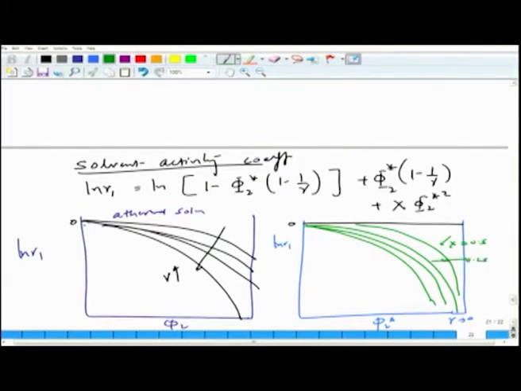This is somewhere 0, and then chi can be negative also. So you see it is not changing much as far as the overall nature is concerned, but it is relevant to understand that it has a significant effect on the activity values. Particularly, it also depends on the volume fraction of the polymeric solute in this case.